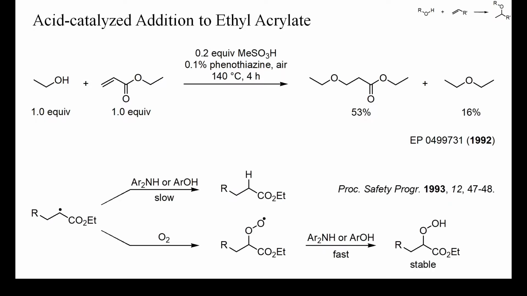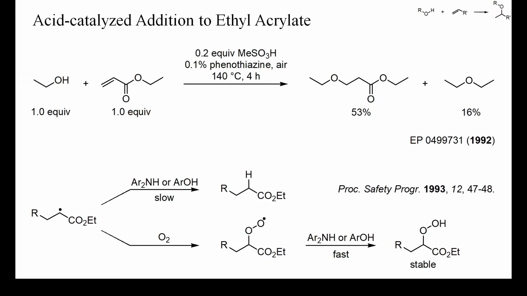Carbon-centered radicals, as those formed during the polymerization of acrylates, are only moderately electrophilic and react only slowly with the electron-rich hydrogen atom donors usually used as stabilizers, such as diaryl amines or hydroquinones. In the presence of oxygen, however, peroxyl radicals are quickly formed, which are more electrophilic and react faster with the conventional stabilizers.